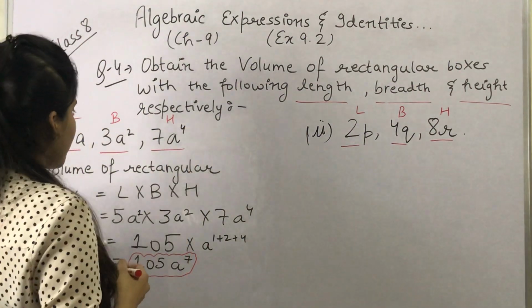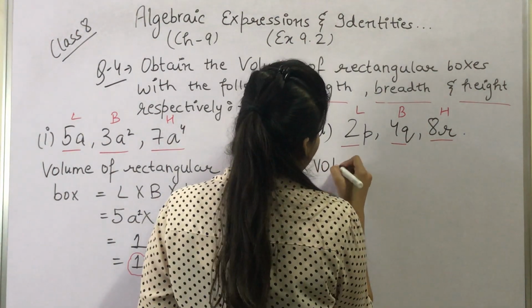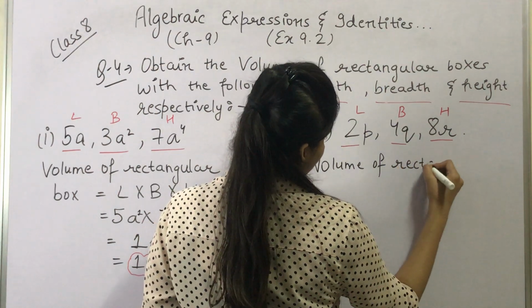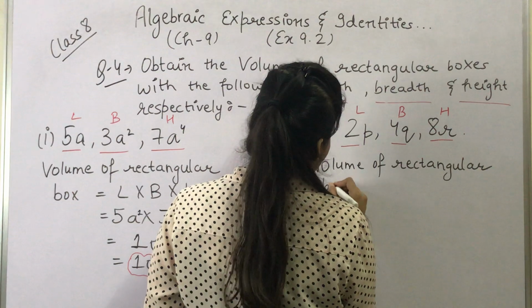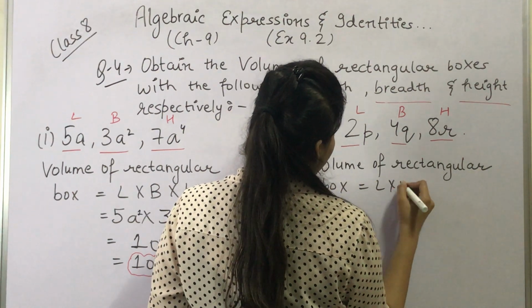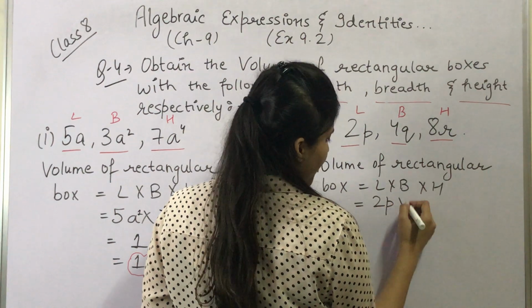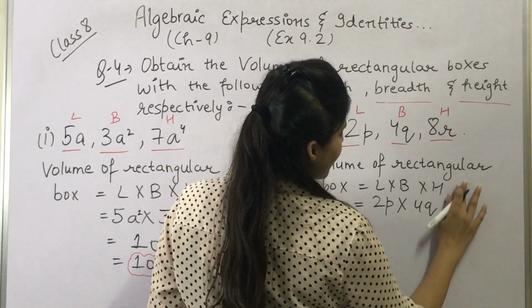Right? So now we know that volume of rectangular box equals to length into breadth into height. So it means length is 2p, breadth is 4q and height is 8r.